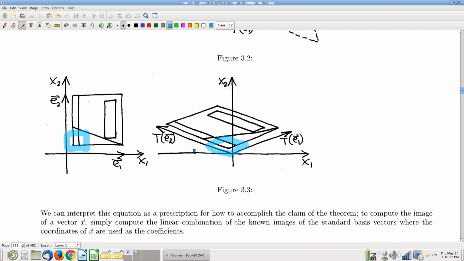So this little bit of the domain became this little part of the target. What happened there? Well, it got rotated, but it also got sheared, stretched in a different way, if you want to think about it like that. There's a certain kind of deformation that happened there.